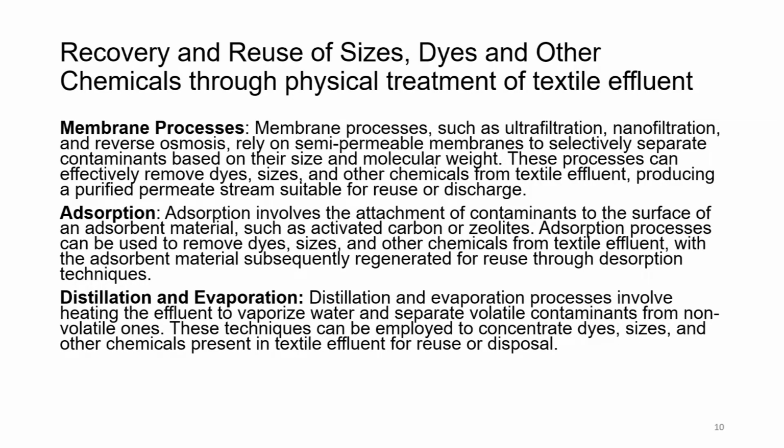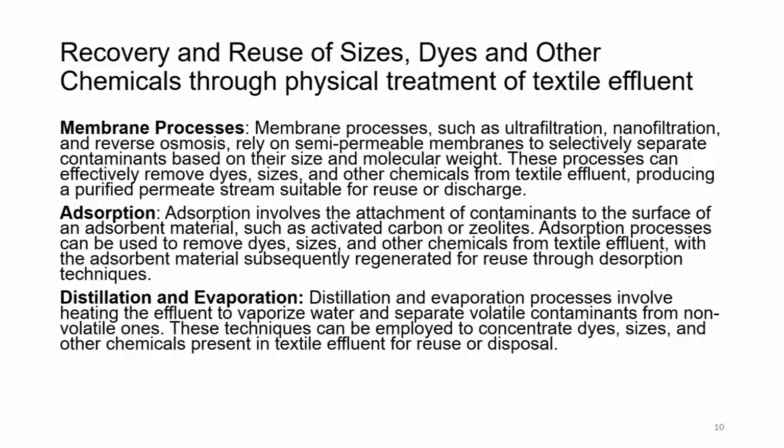So, membranes, of course, we know that they have different pore sizes depending on whether it is ultrafiltration, nanofiltration or reverse osmosis. The semi-permeable membrane has different pore sizes. So, it can retain anything above the pore size and it will permeate the water effluent which has dissolved material.